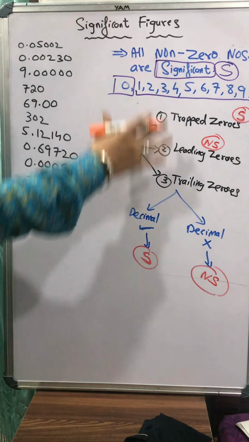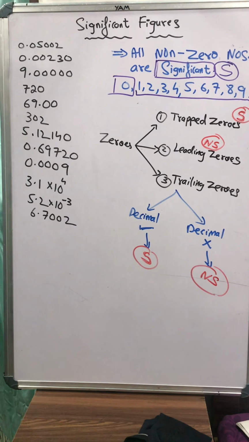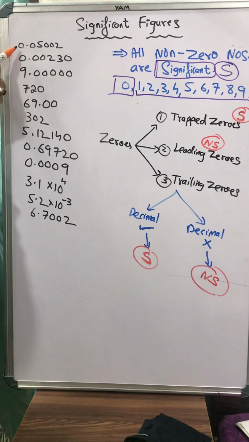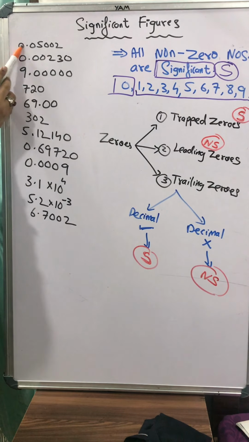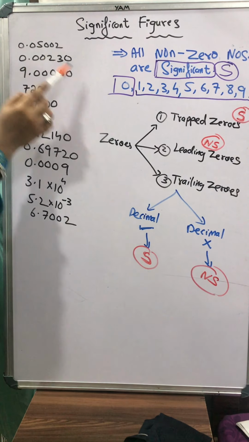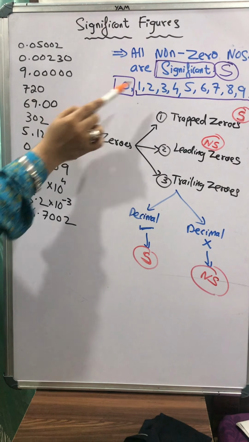So after understanding this, students, let's solve this, all of you together. Okay, the first one on the board we have 0.05002. Can I say, students, these two zeros are leading zeros, and leading zeros are always non-significant. So these two zeros will not be considered. These two zeros are trapped between 5 and 2. 5 and 2 are significant.